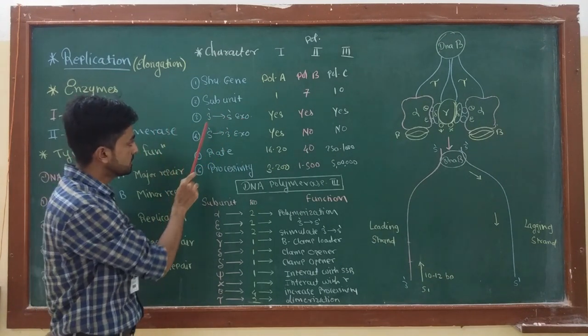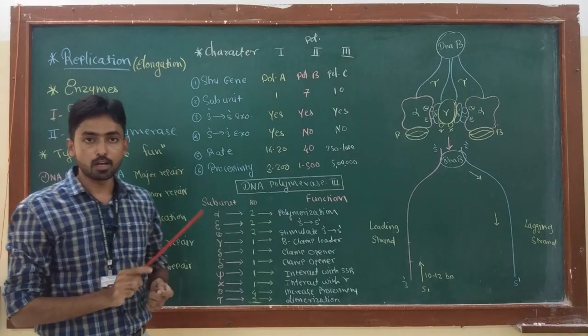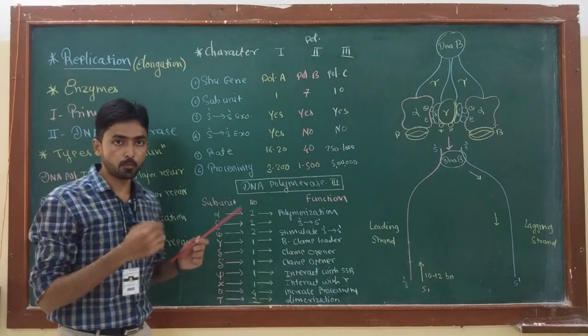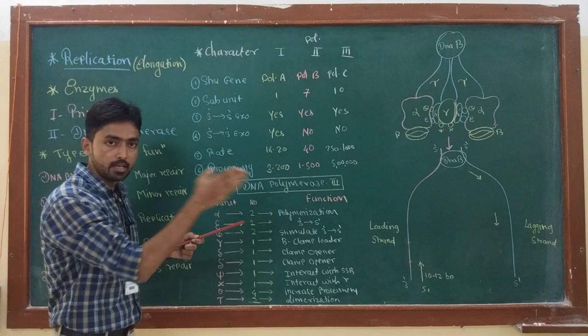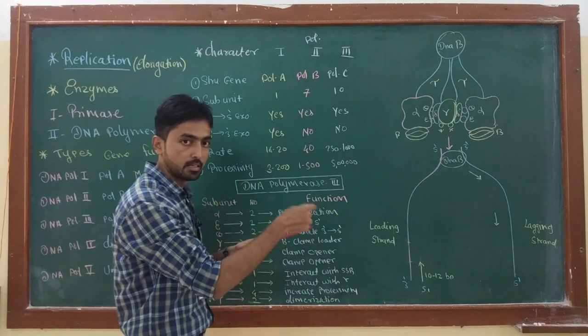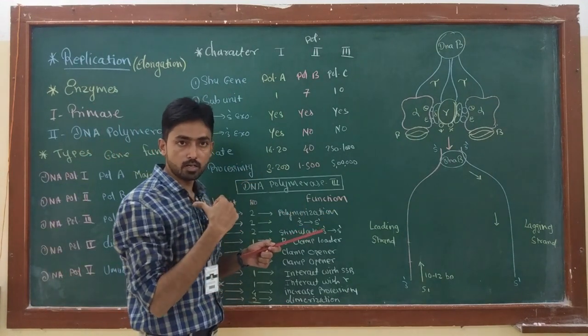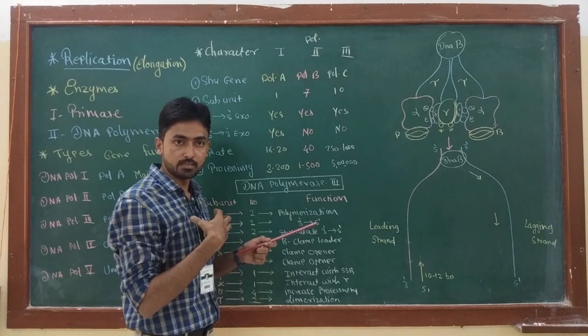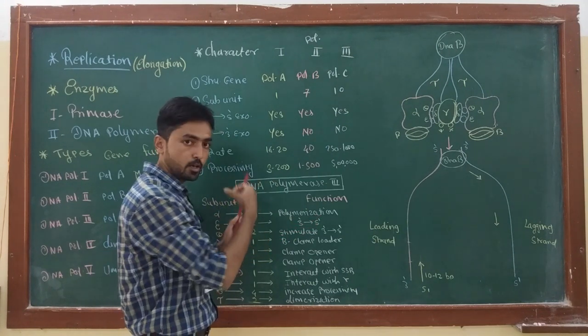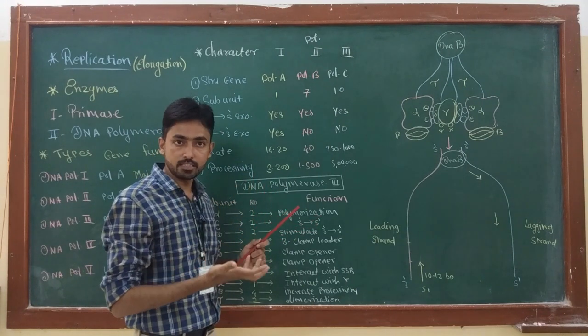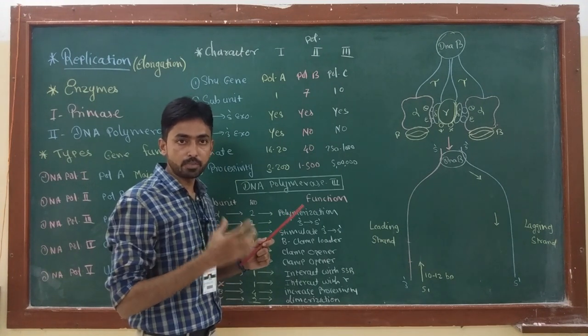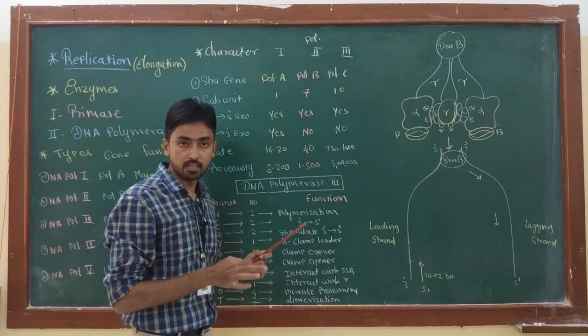This is the activity which is also called proofreading activity. If the polymerase is synthesizing a new strand in 5' to 3' direction, sometimes a mistake occurs. That means instead of T, it may add G or C, and this type of mistake is very lethal in the cell.